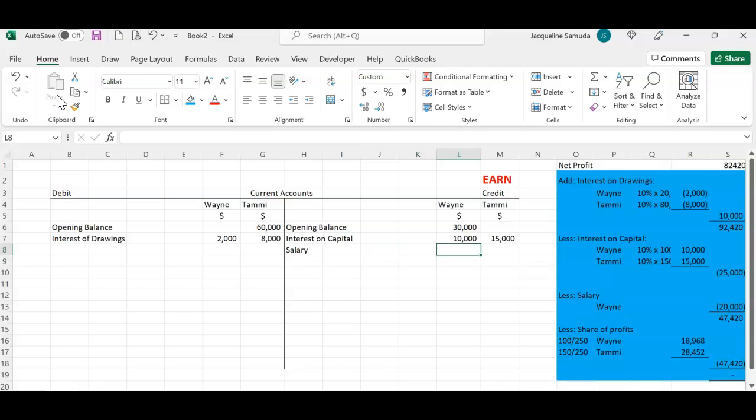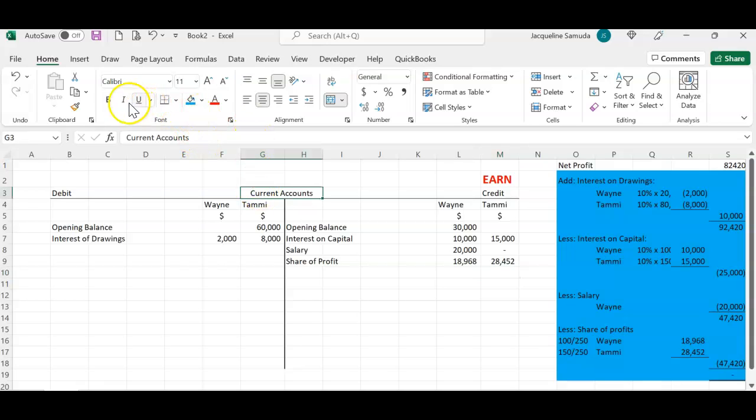So we're going to pick up Wayne's salary of 20,000. And Tammi didn't earn anything. And the last thing we pick up is the share of profits. And Wayne earned 18,968 and Tammi earned 28,452. So all the earnings, everything they earned, which was calculated in the appropriation account, is now picked up in the current account.